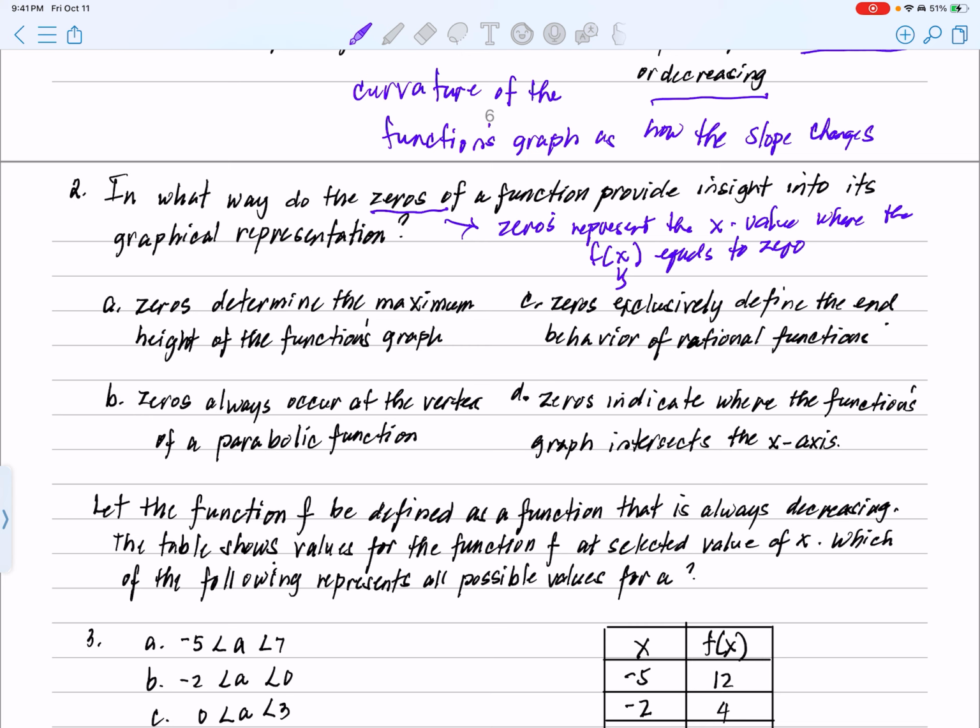Okay? So what do we have in the choices? Zeros determine the maximum height? No, because zeros can be found on the x-axis. It's not talking about the height. Zeros always occur at the vertex of a parabolic function?